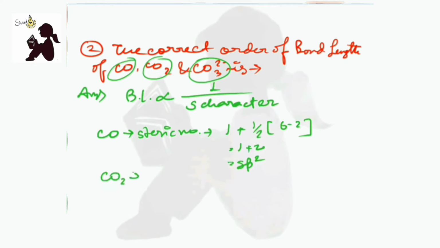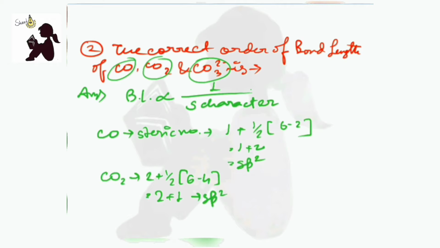So let's see for CO2, what will be the steric number? It will be 2 plus half into 6 minus 4, so that will be 2 plus 1 here, right? It's also sp2, right? It is because it is 2 plus 1, so these both are sp2.